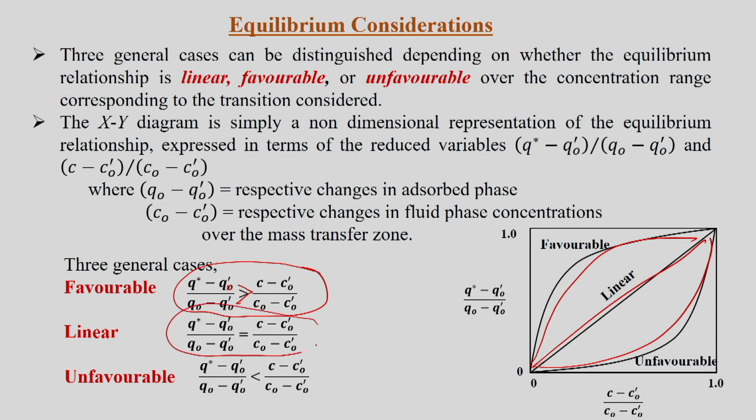For linear, (q minus q0 prime)/(q0 minus q0 prime) is equal to (c minus c0 prime)/(c0 minus c0 prime). And for an unfavorable adsorption process, (q minus q0 prime)/(q0 minus q0 prime) is less than (c minus c0 prime)/(c0 minus c0 prime). Okay.